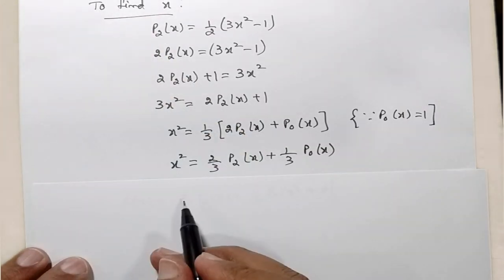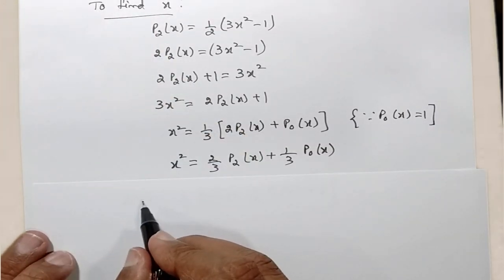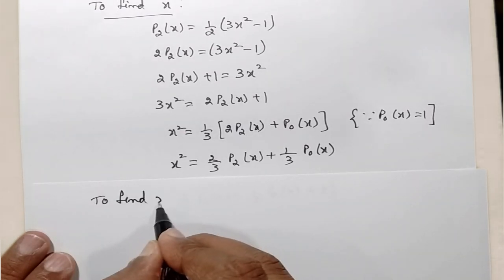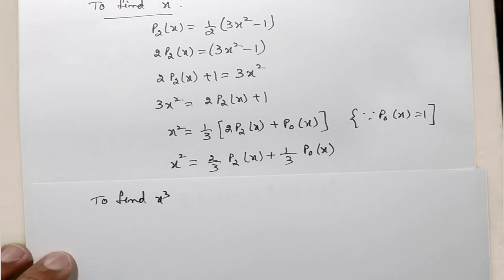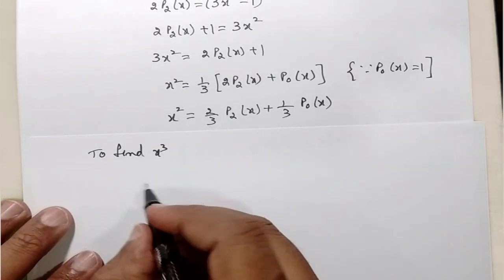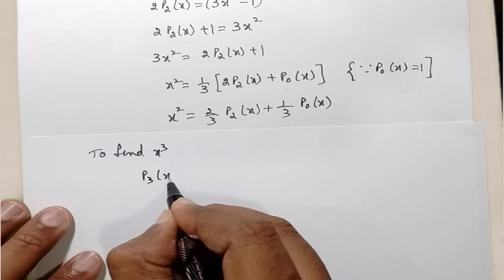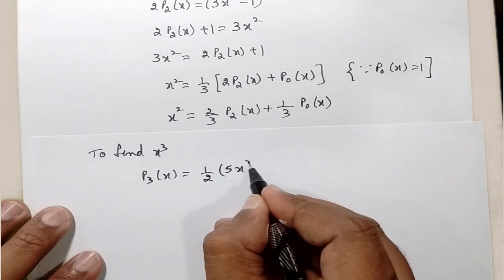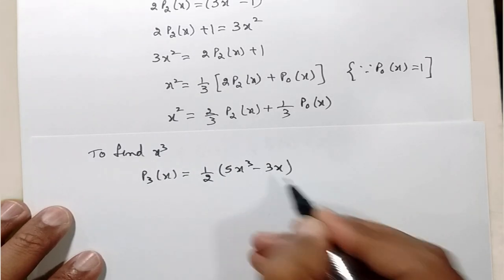X cube we need to find out. Therefore, to find x cube, we have P3 of x equal to 1 by 2 times of 5x cube minus 3x.